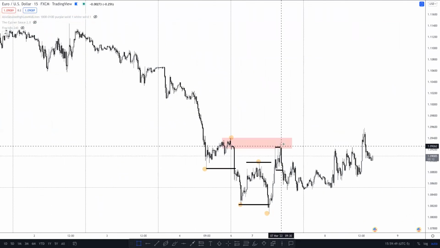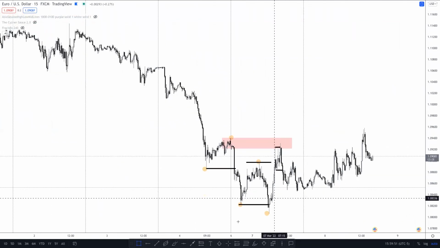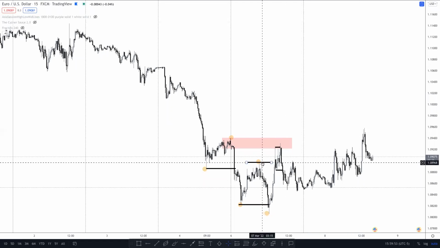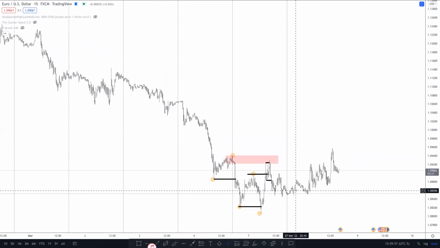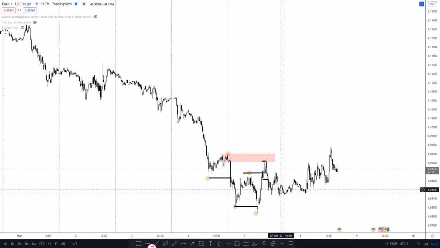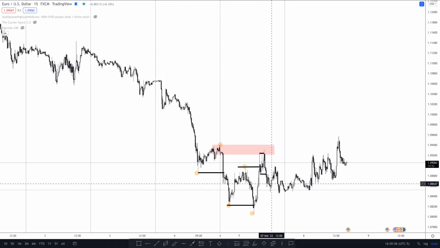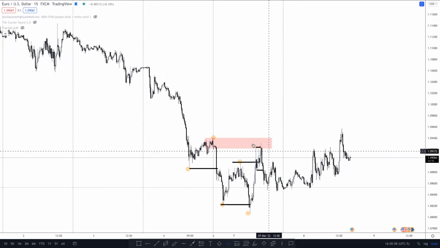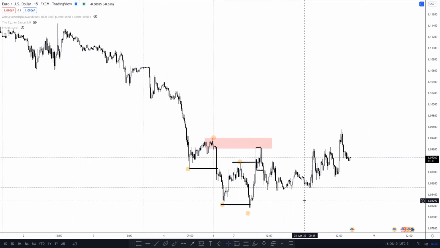Anyways, we could have taken these shorts here, but a lot of people are probably wondering, why did the market buy up here? Let me explain. On the macro time frames, we're seeing both the buy side and the sell side. Most people probably just don't realize it. The reason why I'm saying you're probably seeing just one side right now is because I have only one side marked in.